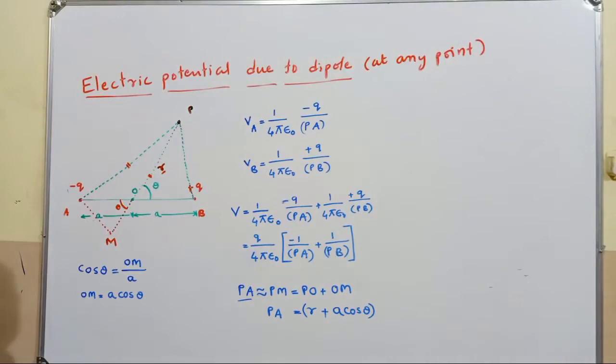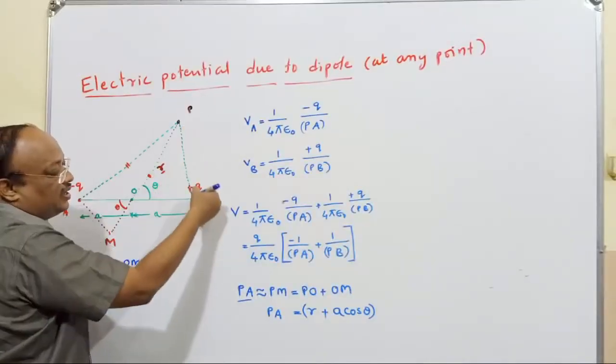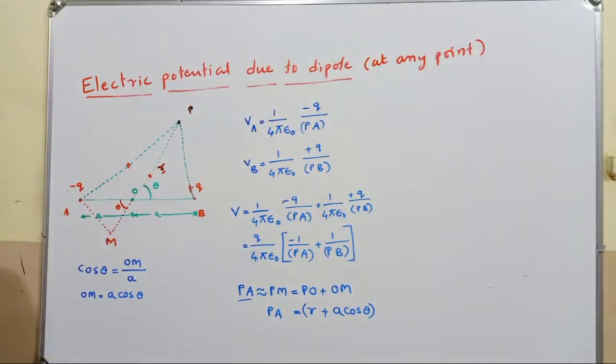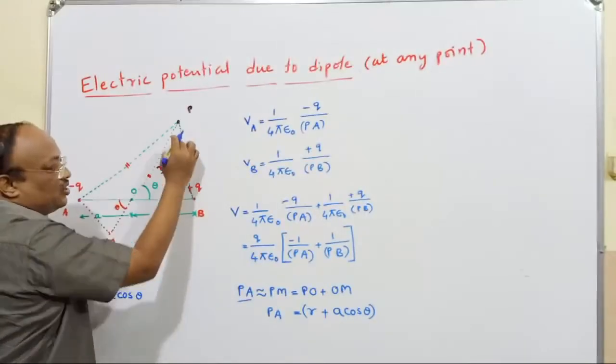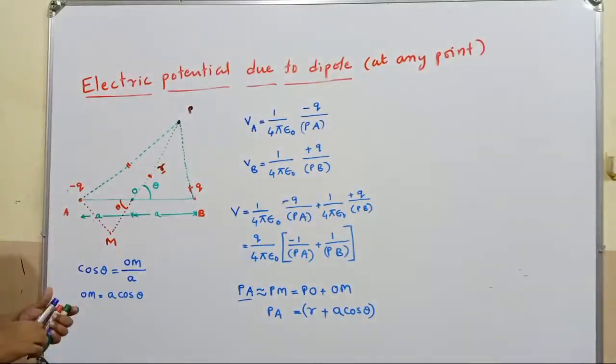Similarly, we try to find this PB value. This PB is shorter, smaller than this, so what construction will I do?